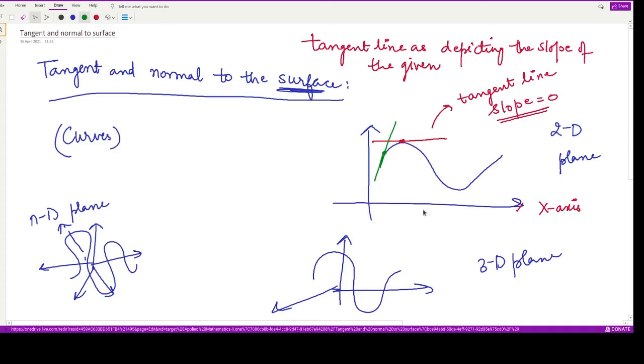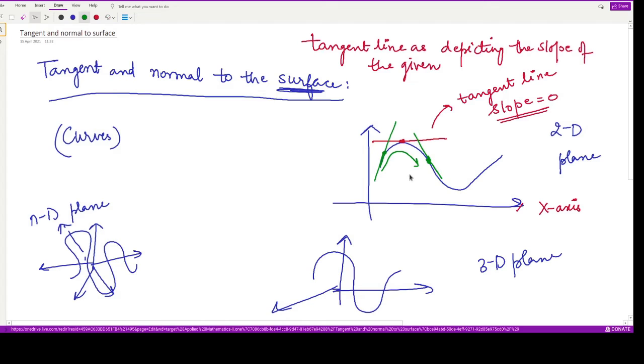If I draw the tangent line here, because the curve is going like this, the slope is decreasing. The tangent line would obviously be a straight line, and it will touch the curve at one single point. So here the slope is a decreasing quantity and the tangent line would be like this.